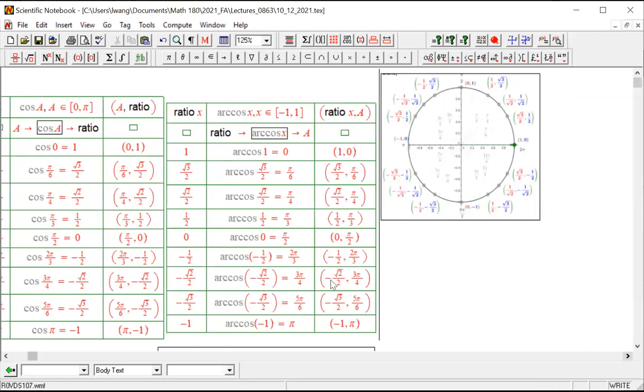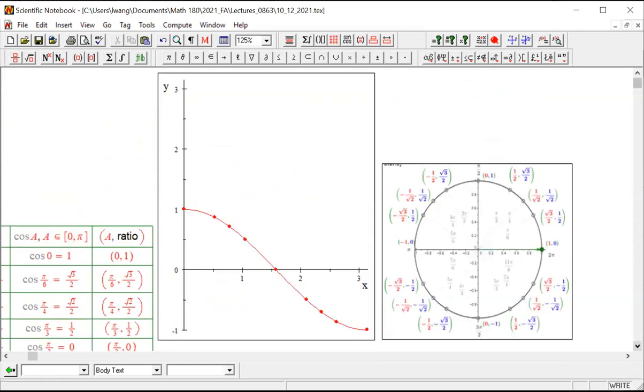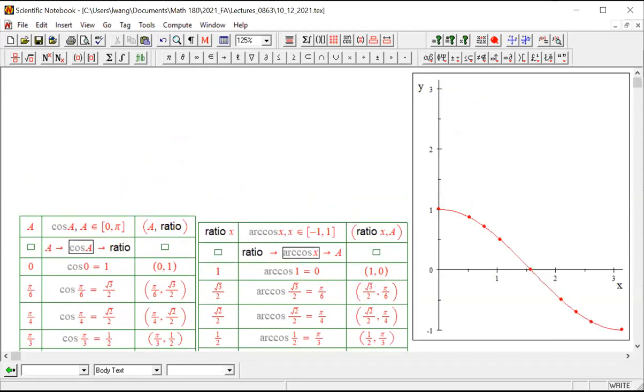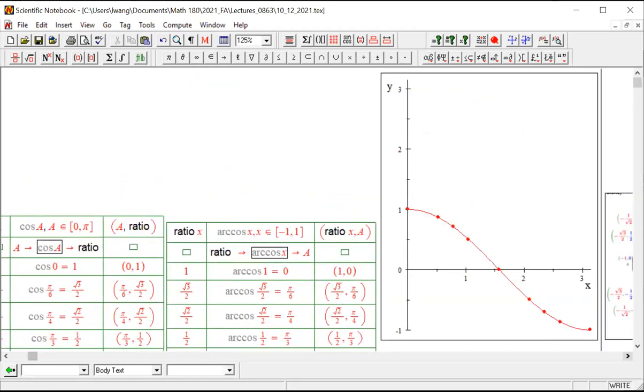If I bring that picture over here with me, it was 0, 1. So 0, 1.